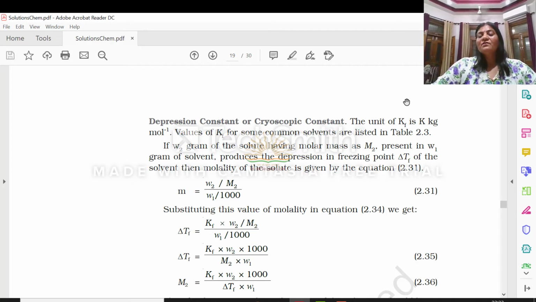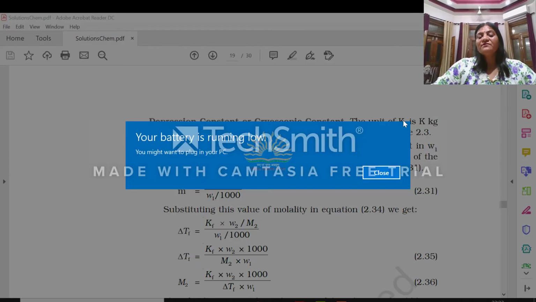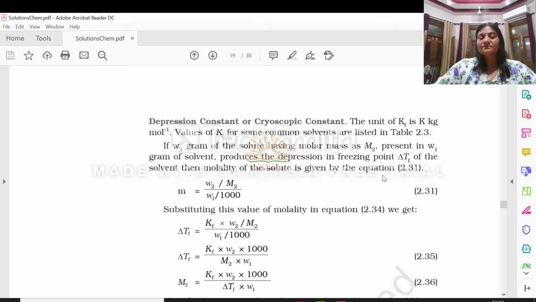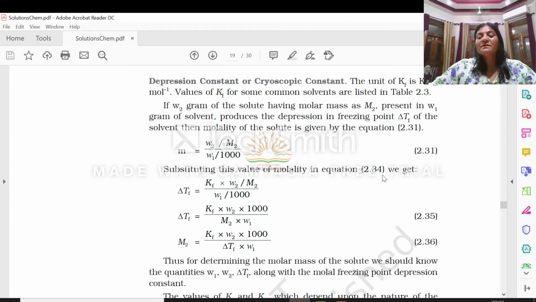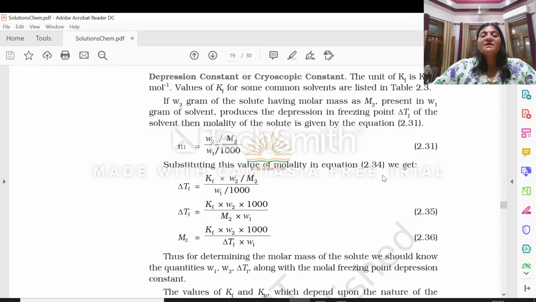This year, a 1 mark question was: what is the unit of depression freezing point constant? And the answer is Kelvin, kilogram, mole inverse.